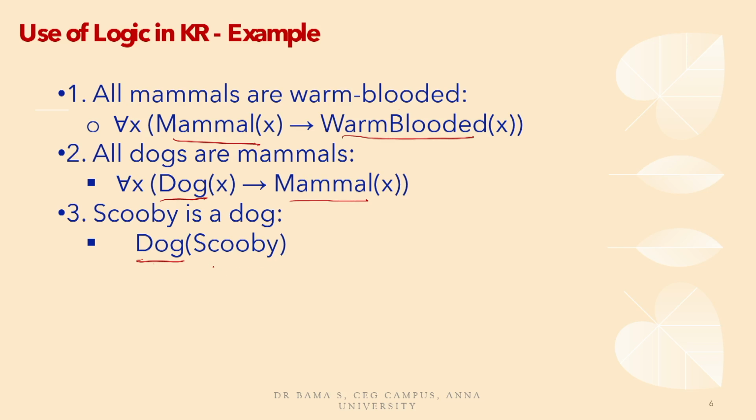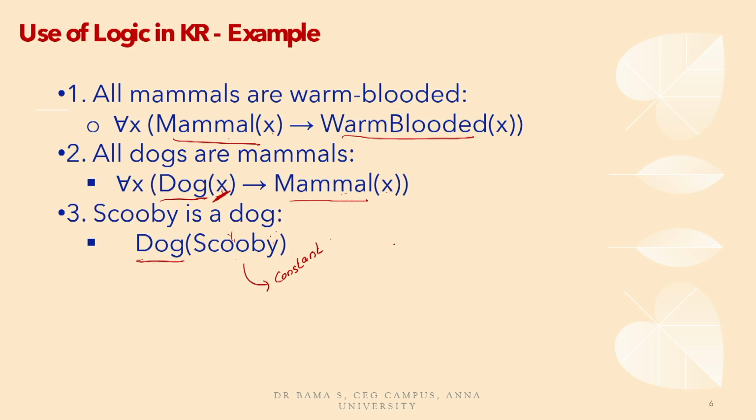The arguments: Scooby is a constant, and this constant, dog of Scooby, can be substituted for this x, which is a variable, and this process is called unification. Whatever Scooby, a dog of Scooby, would be substituted here, which would be mammal of Scooby, and mammal of Scooby gives warm blooded of Scooby.